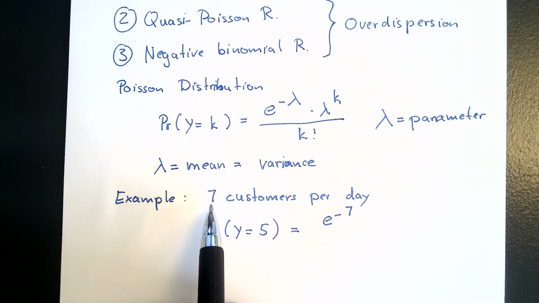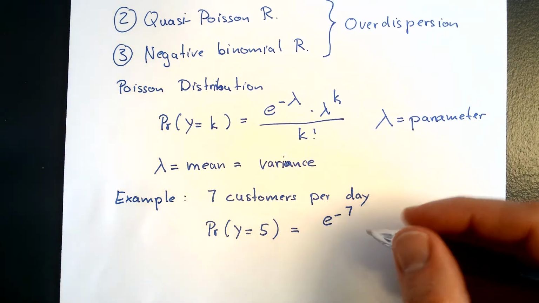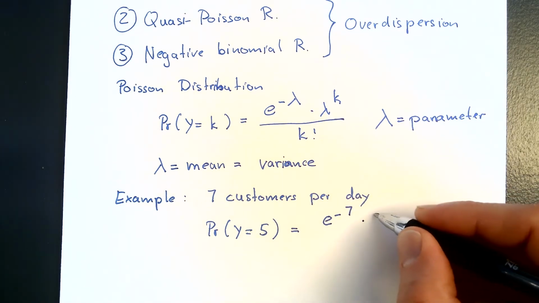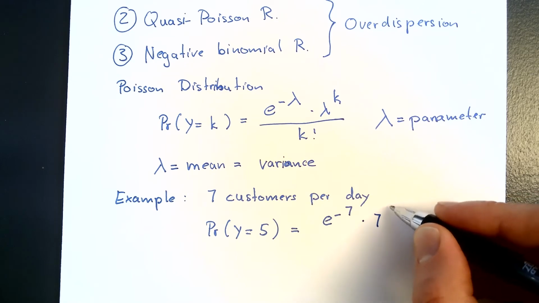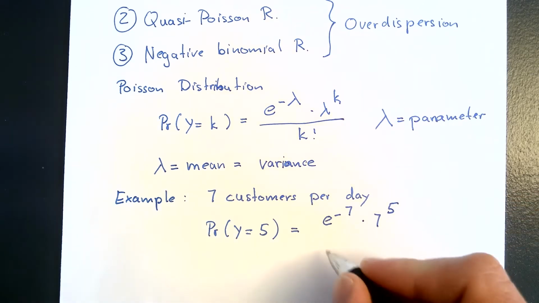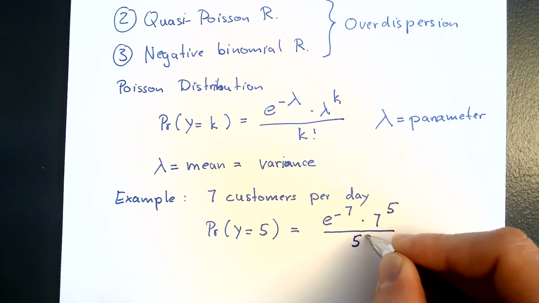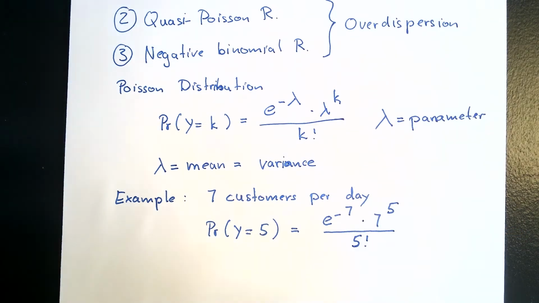Because on average you have 7 customers in the store, times 7 to the power of 5 divided by 5 factorial. Okay? And that will give you the probability that exactly 5 customers show up on a given day.